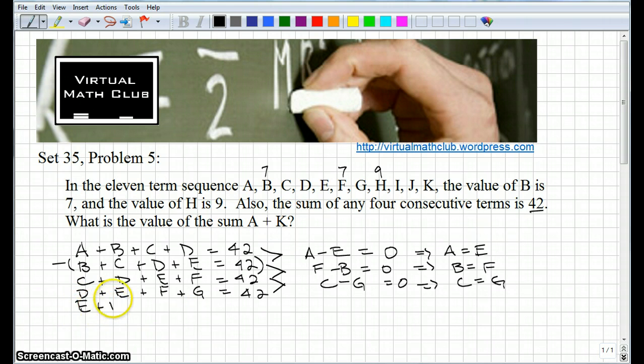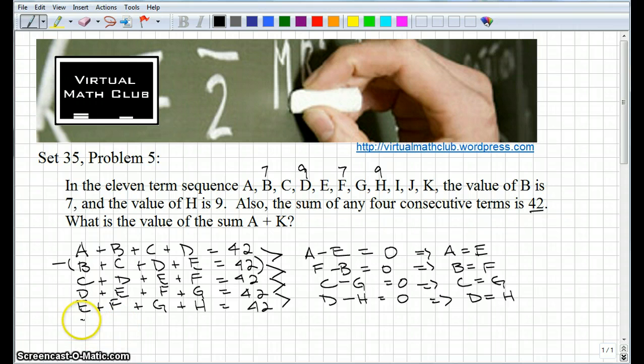E plus F plus G plus H is equal to 42. We subtract those two equations, we get D minus H equals 0. So D is equal to H. Now we know what H is already. We were told what H was, so for D we can write 9. So we're getting some information.